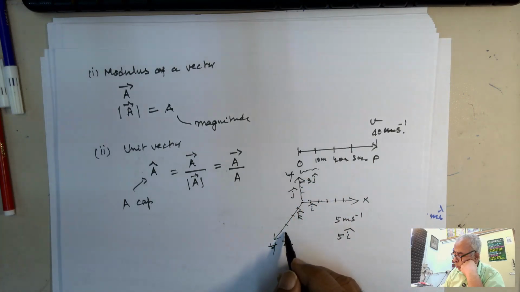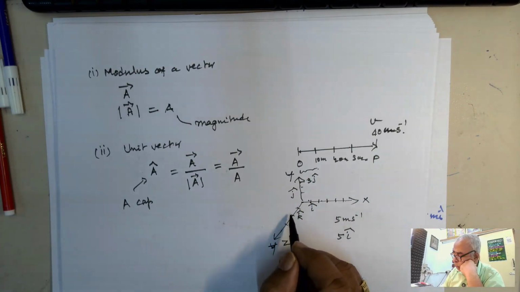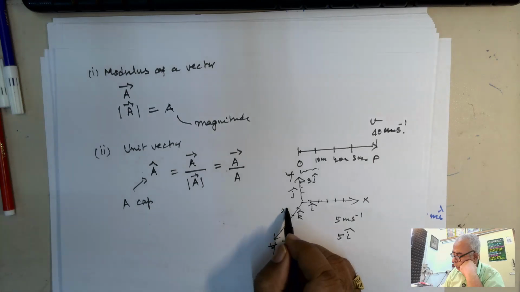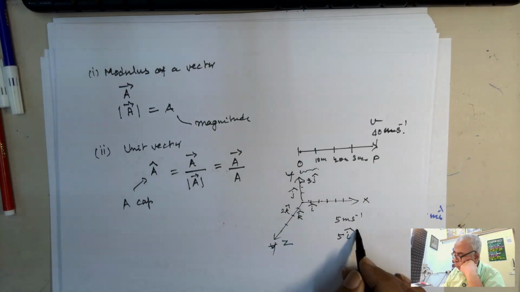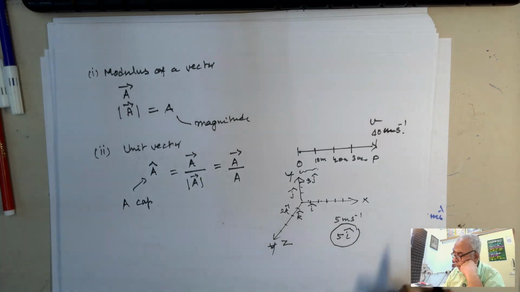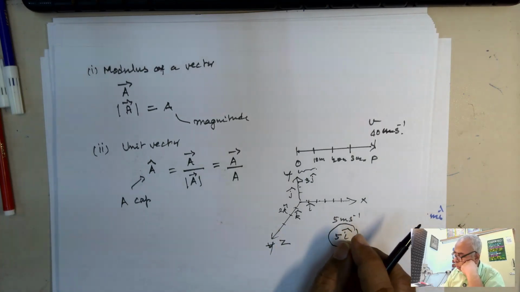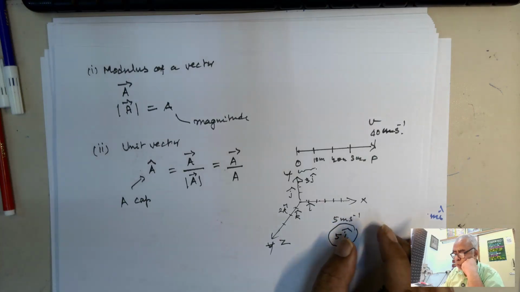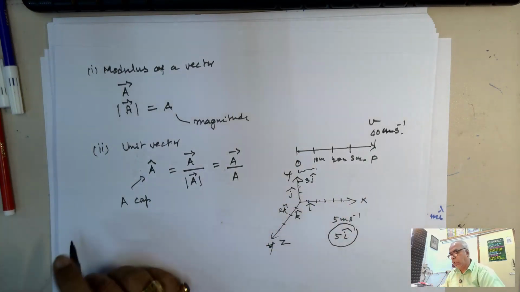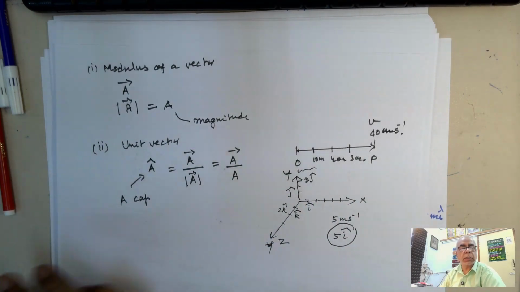When another object is moving at around 2 along the z-axis, it is 2 k cap. So just by indicating I, j, k, we can easily point out in which direction that particular object is moving, right? Now let us move to the next concept.